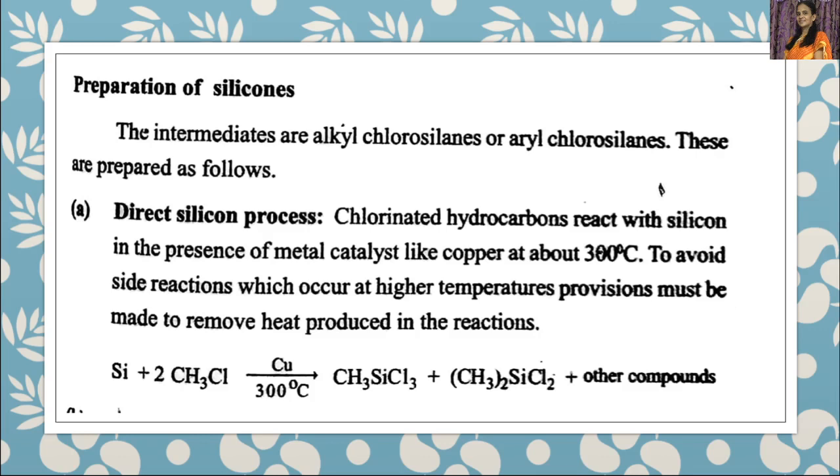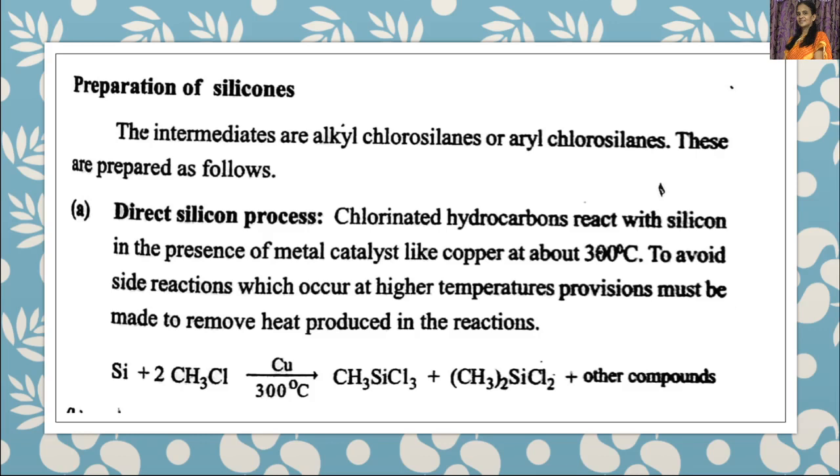Then we get this particular compound, CH3SiCl3. Generally SiCl4 is silicon tetrachloride. Here it is methyl silicon trichloride. This is a chlorosilane.